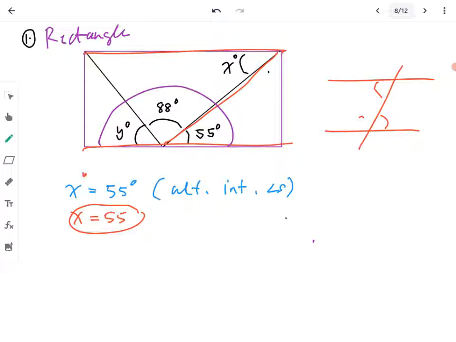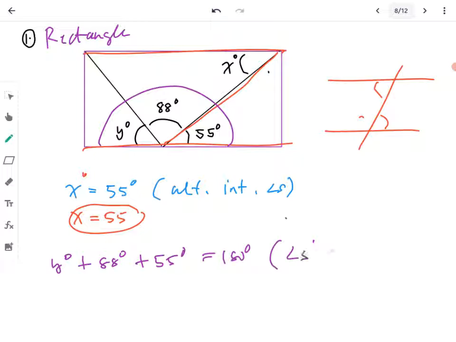Okay, so we have already learned that when angles are on a straight line, they add up to 180. So y is related to 88 and to 55 by angles on a straight line. So we say y degrees plus 88 degrees plus 55 degrees, they all add up to 180 degrees.